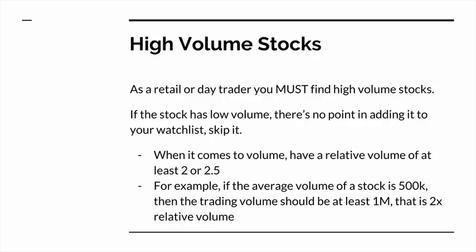A good example of what a relative volume of 2 means is, let's say the average volume of a stock is around 500K, so 500,000 is the average volume. Then the trading volume for that day should be like 1 mil or 1.5 mil, and that will represent 2 to 2.5x of relative volume.